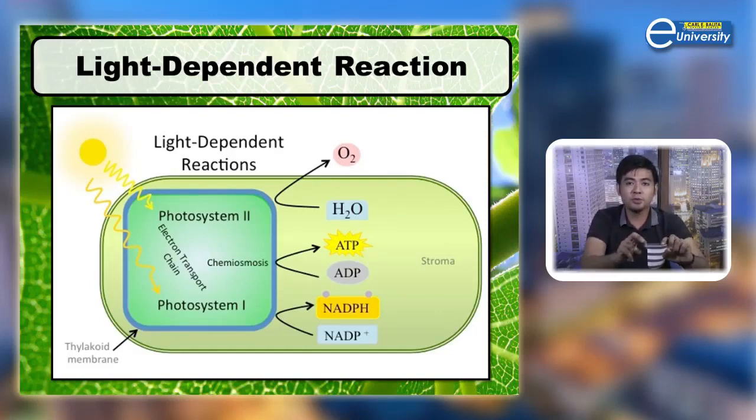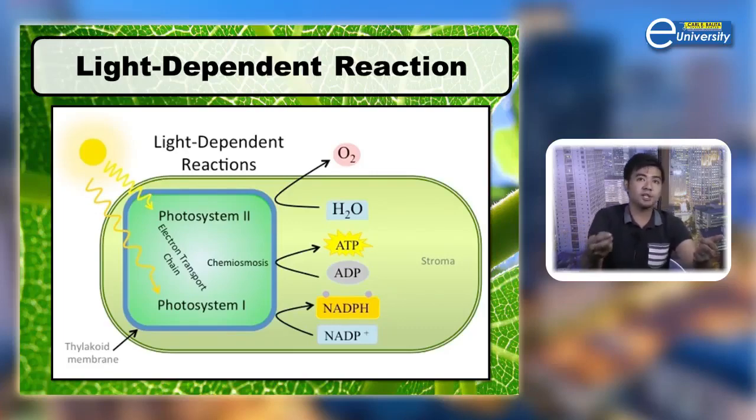So for us to use water, the water must undergo this process called photolysis. Again, the formula for water is H2O. So we're going to separate the hydrogen ions from the oxygen molecules. The oxygen molecules will be released outside into the environment.